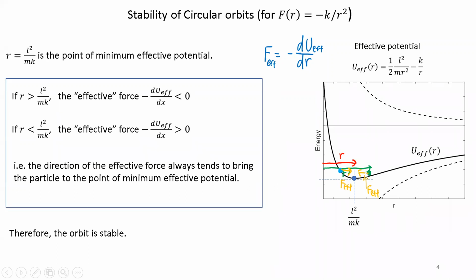That's why this green point will tend to move back here. If you are here, again, it is looking for the point where the potential is minimum. So that's why it will go like this, and you imagine that in this graph, your particle will basically oscillate like this.